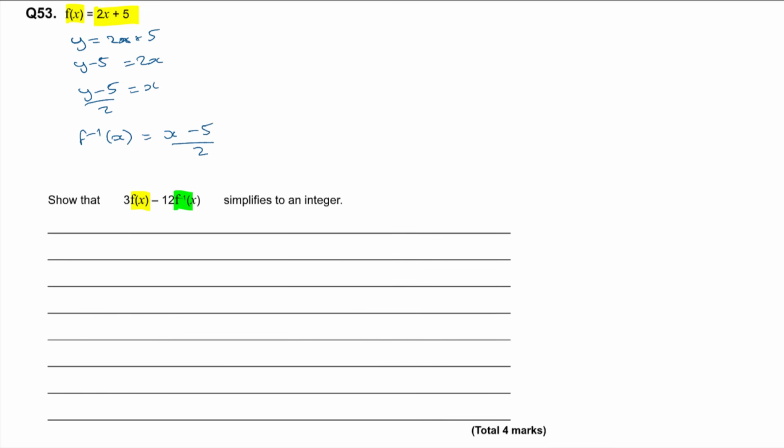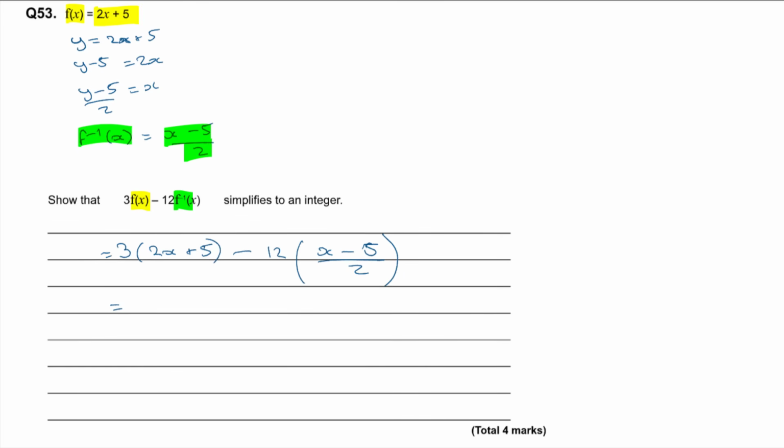Okay. So now I've got what f to the minus 1 of x is, I can then sub both of those things into this expression. So 3 lots of f of x is going to be 3 lots of 2x plus 5 minus 12 lots of x minus 5 over 2. Okay, so what's that then?